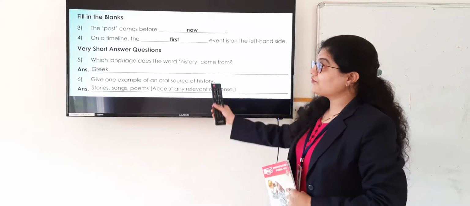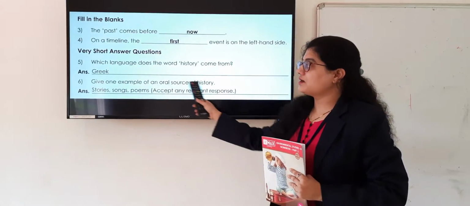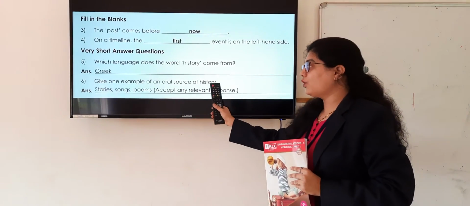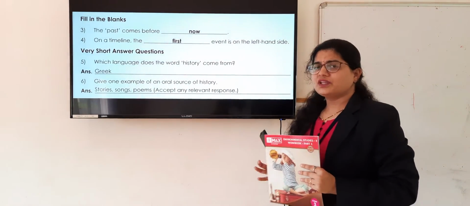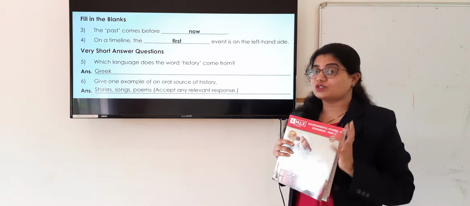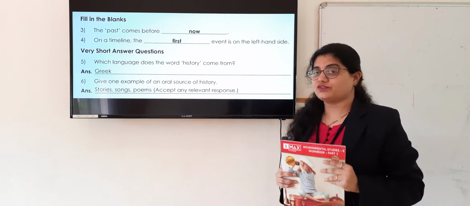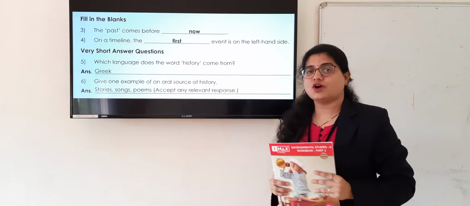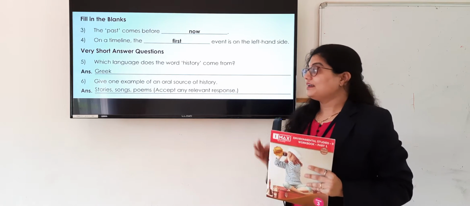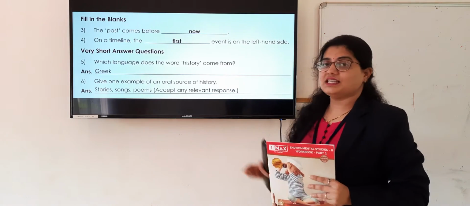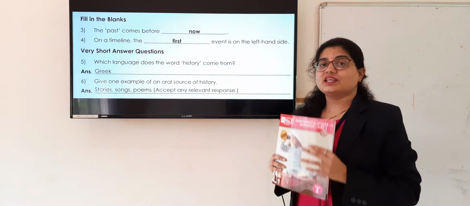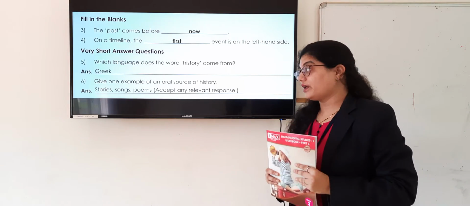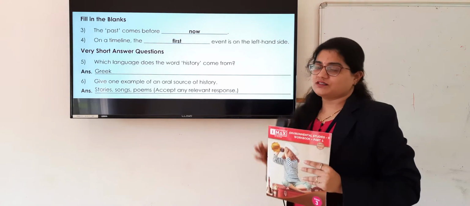Now see, sixth question. Give one example of an oral source of history. Do you remember oral sources of history, written sources of history and archaeological sources of history? In oral sources we have seen that there are different oral sources such as stories, poems, then songs.